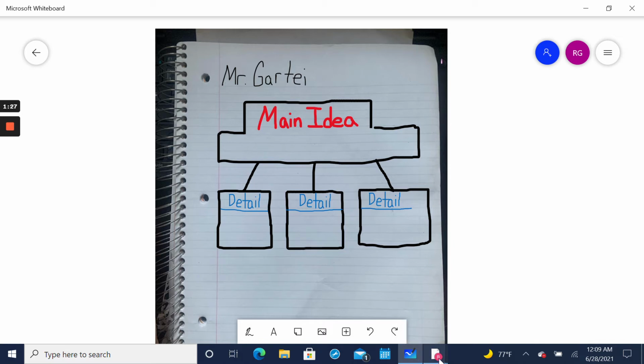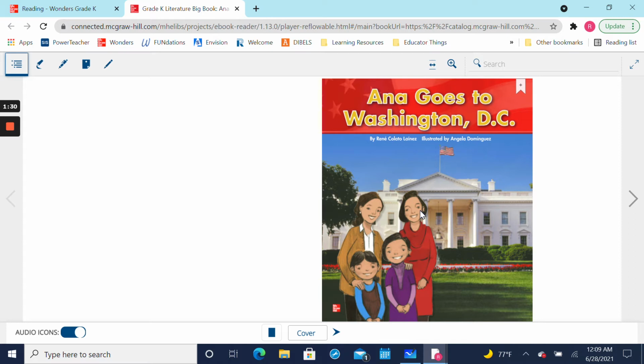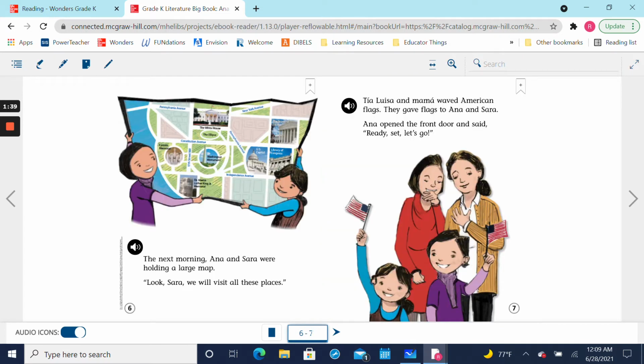So our story is called Anna Goes to Washington, D.C., and we're not going to go through the whole story, but we're going to head on over to page 6. Now, I know from the title of the story, and from looking at Anna and Sarah holding a large map, that on this page it says, "Look, Sarah, we will visit all these places."